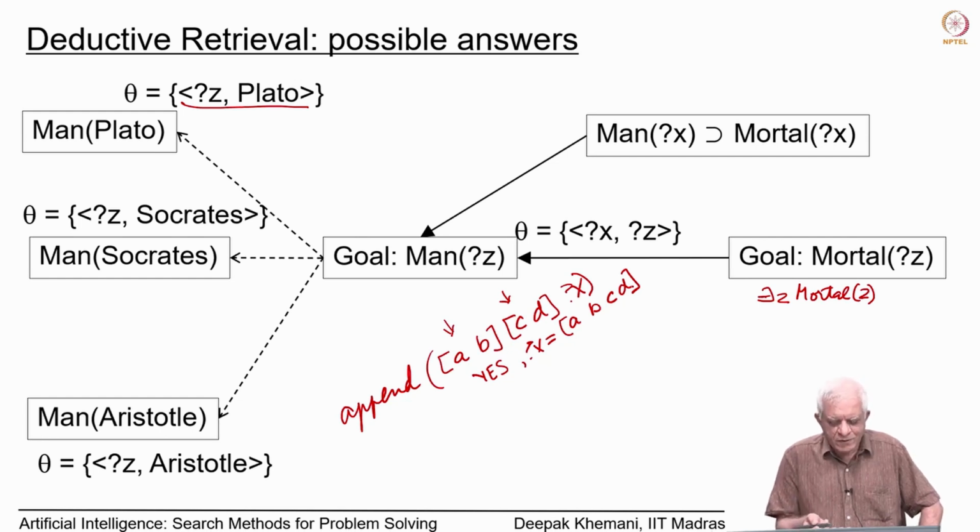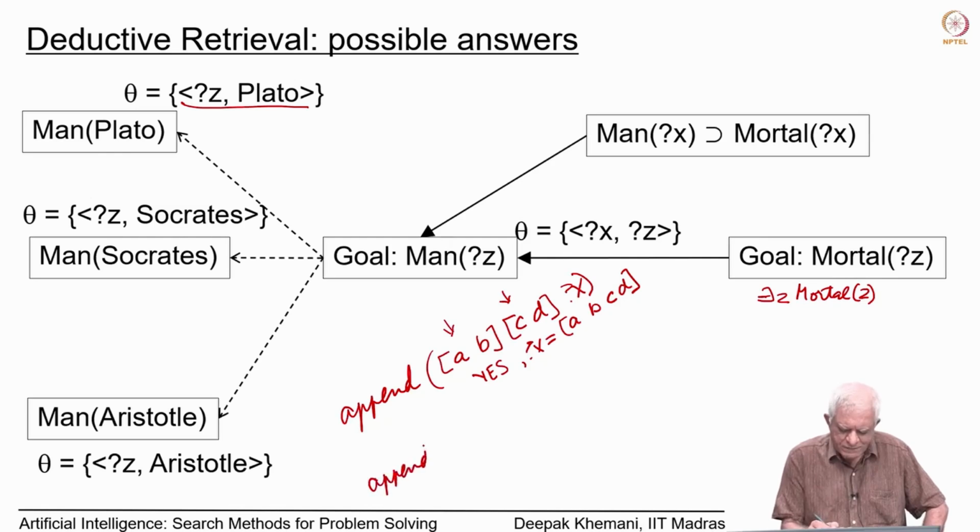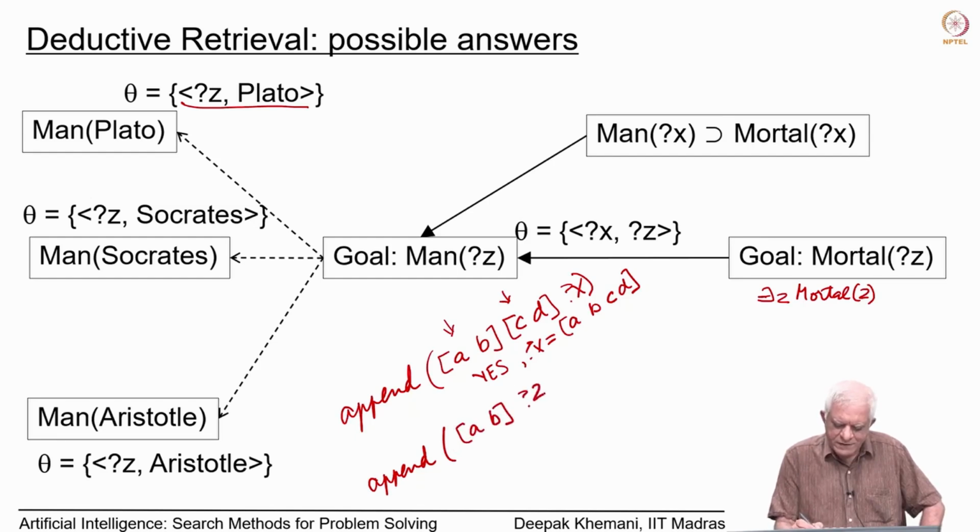The nice thing about Prolog is that you can even ask a query like this, or at least pure Prolog, that if I take this list A, B and append it to some list Z, can I get A, B, C, D? Again, Prolog will search through the possibilities.